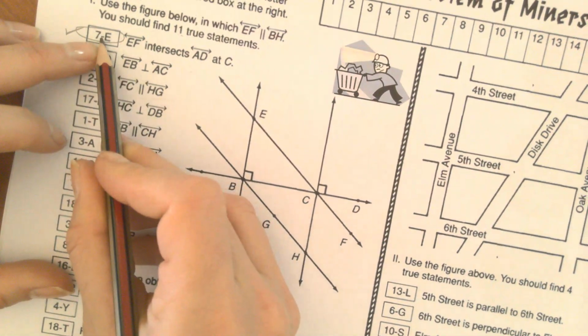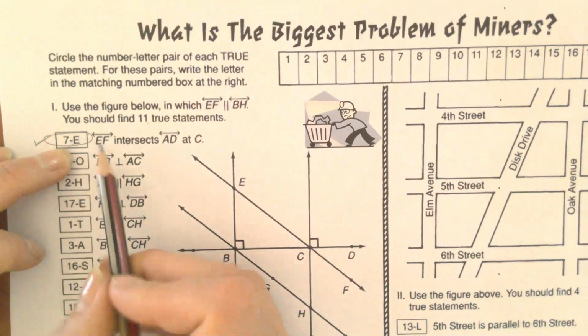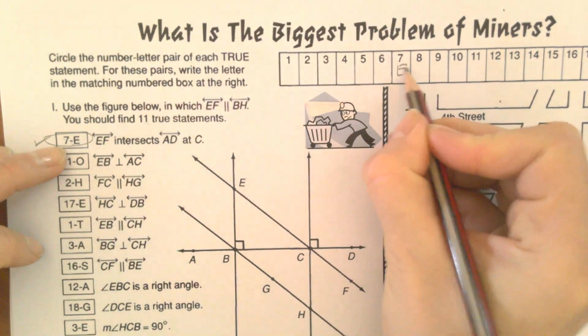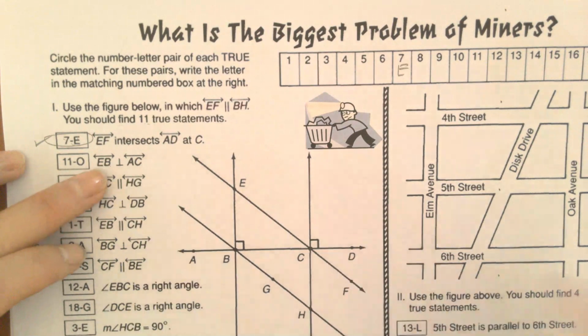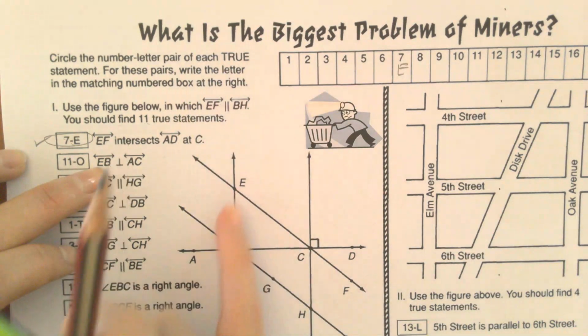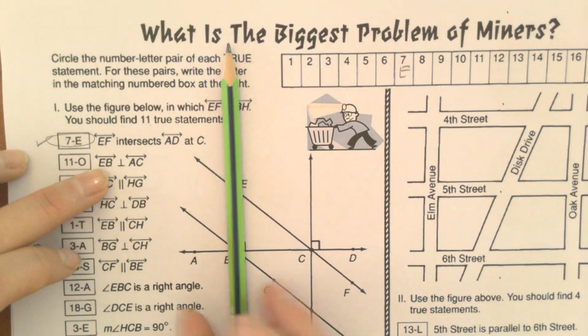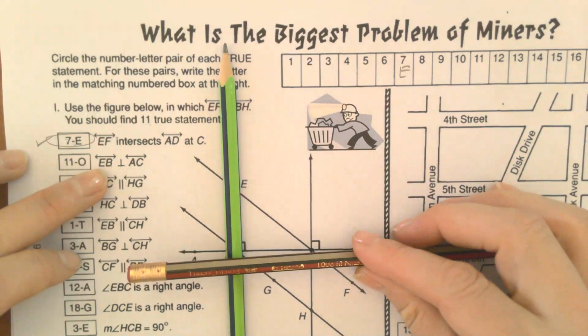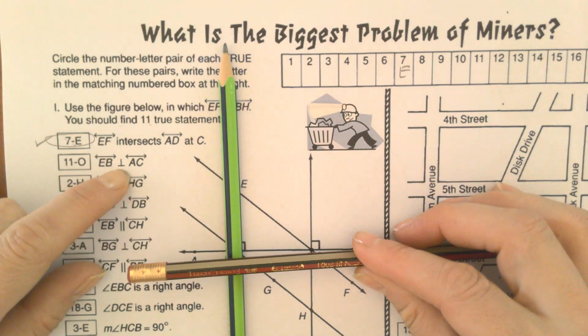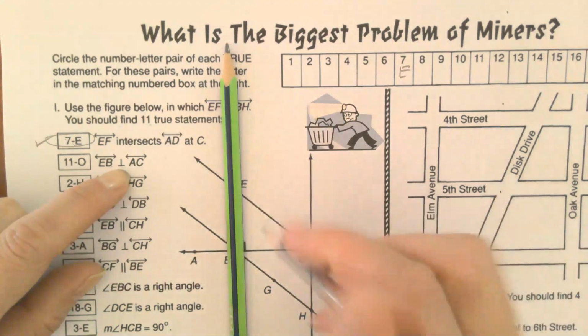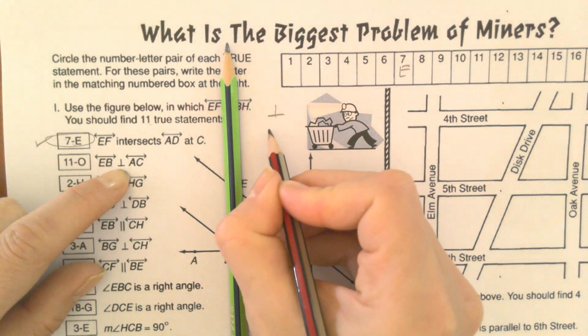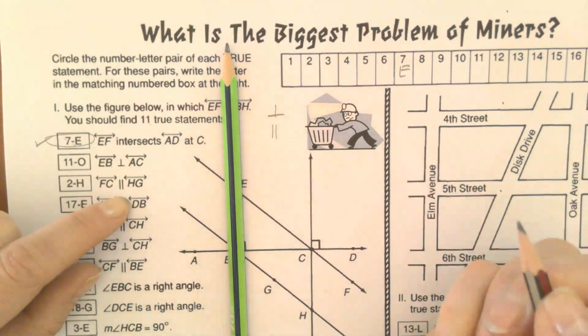So 7 is E. EB, here's EB. AC, here's AC. What's that symbol? This symbol is perpendicular, and this symbol is parallel.